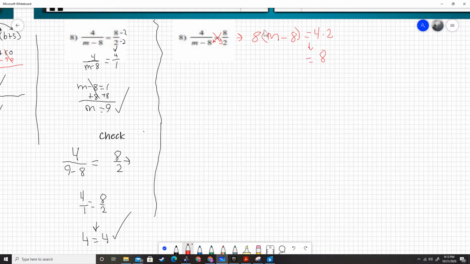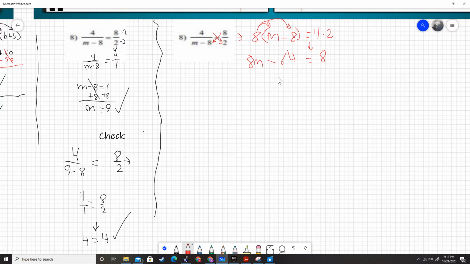Over here we got 8 times m minus 8, so that means I've got to multiply 8 times both of my two things, because this is the distributive property. So m times 8, that is 8m. 8 times negative 8 gives me negative 64. So I need to move the 64 to the other side, so let's do that.